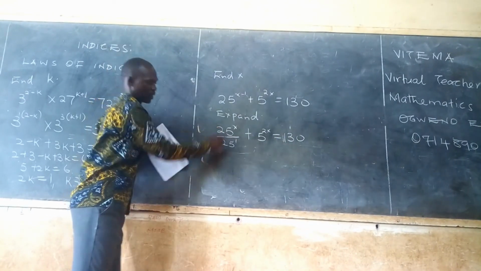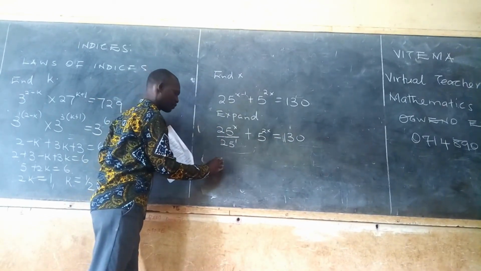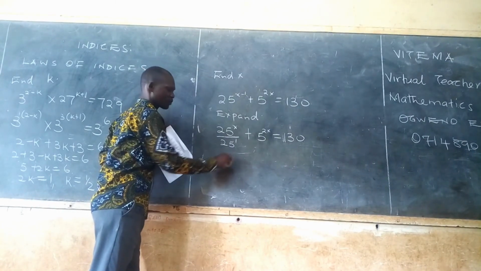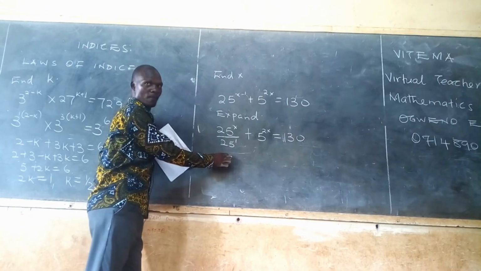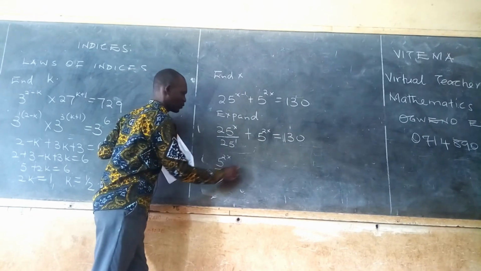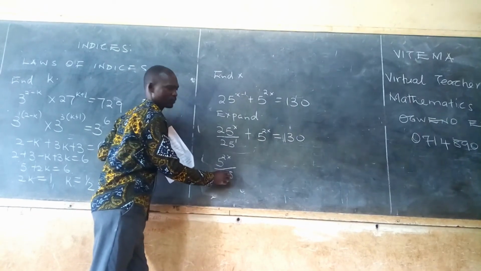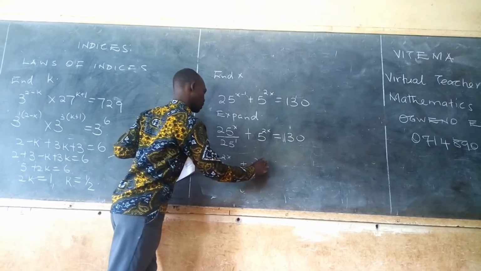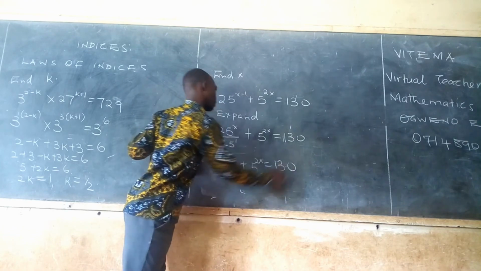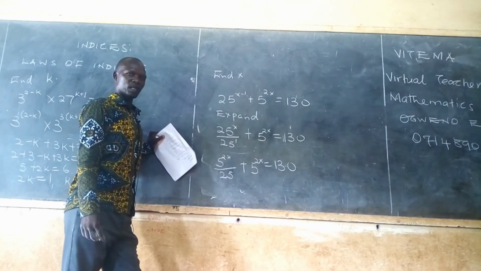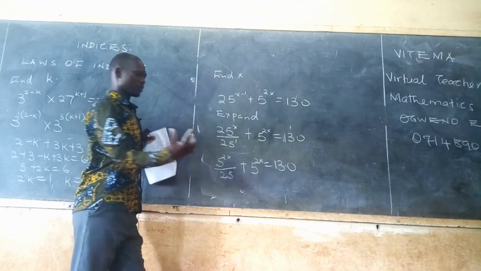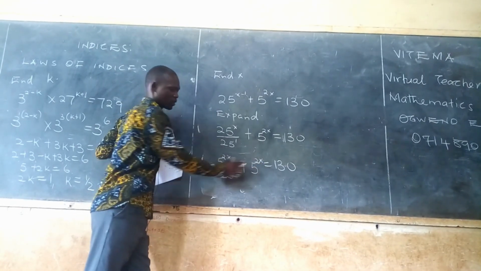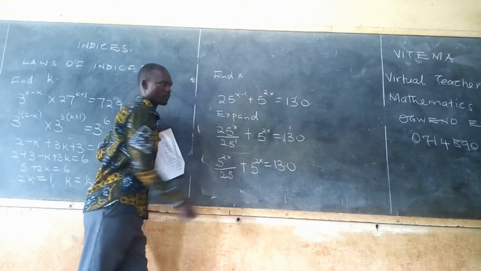I will write this 25 as 5 squared, all to the power x, over 25 plus 5 to the power 2x equals what? 1/3. If you look at this scheme, we have created some common expression here.